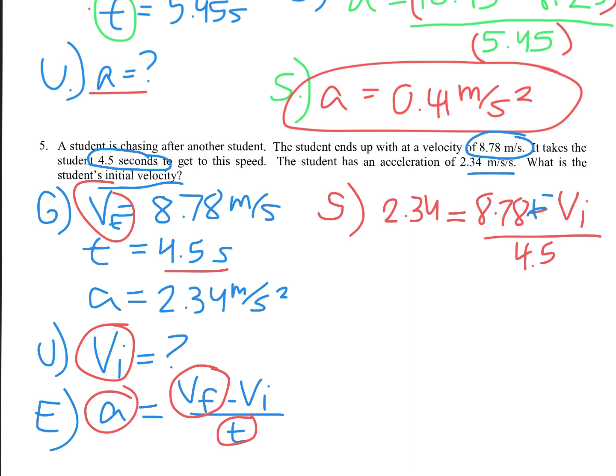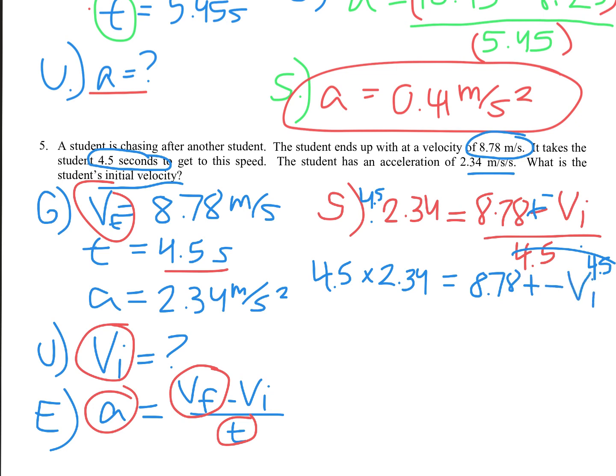So I'm going to slowly get VI by itself. To do that, I'm going to start by multiplying by 4.5 to both sides. By doing that, 4.5 cancels out, and I'm left with 4.5 times 2.34 equals 8.78 plus a negative VI.